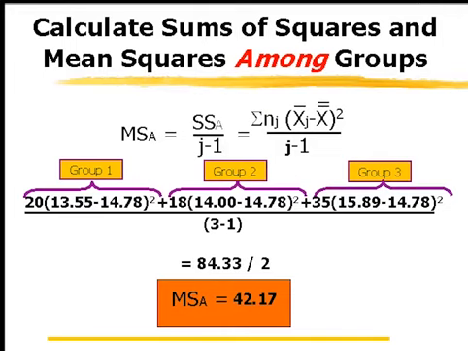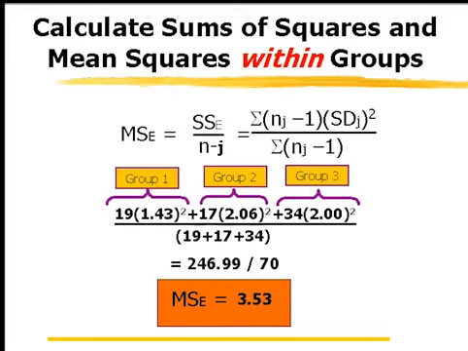If you think about this in that graphic depiction earlier on, we take the difference between each individual score and the mean, and square it.